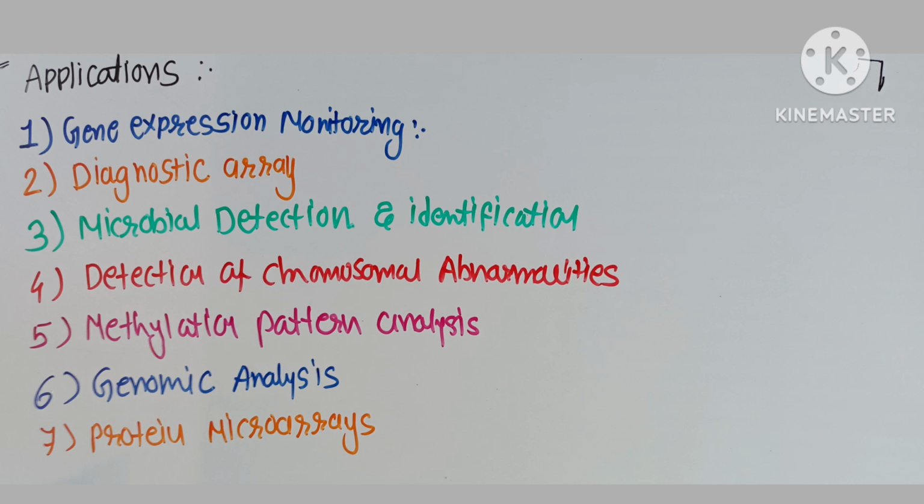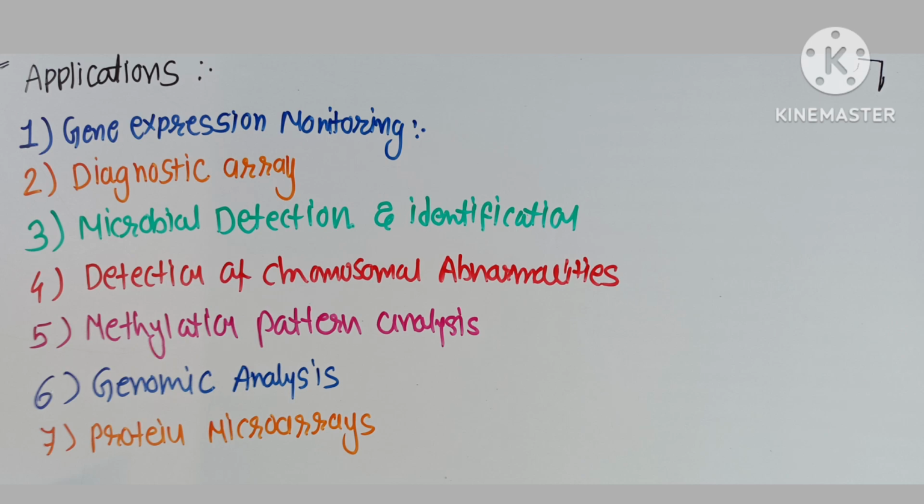The most commonly used gene targets are 16S bacterial and 28S fungal and intergenic transcribed spacers, ITS, in rRNA genes. And microarray technology has been incorporated to compensate for the time-consuming sequencing and identification procedure. So microarray is also useful for microbial detection and identification.